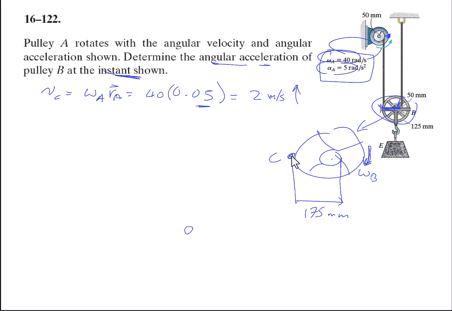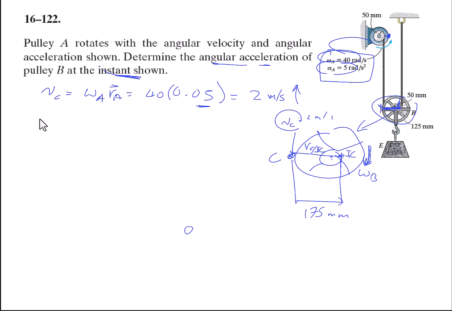and the instantaneous center of zero velocity is this point. Let's say this is C, and there's a velocity here just determined, which is 2 meters per second, and this is the relative position of C with respect to the instantaneous center, and this is the instantaneous center, of course.